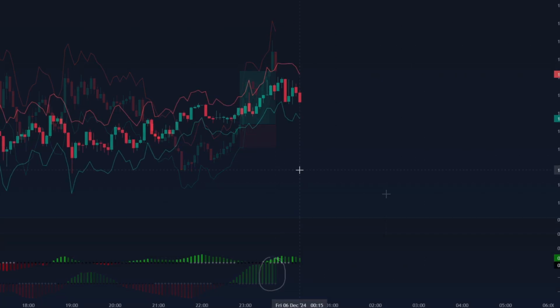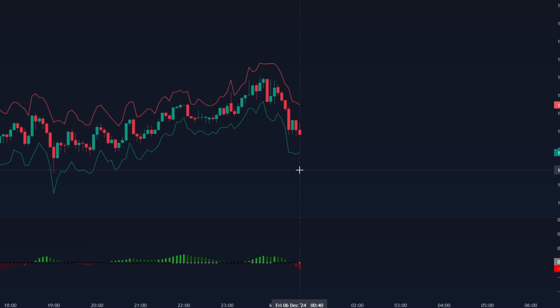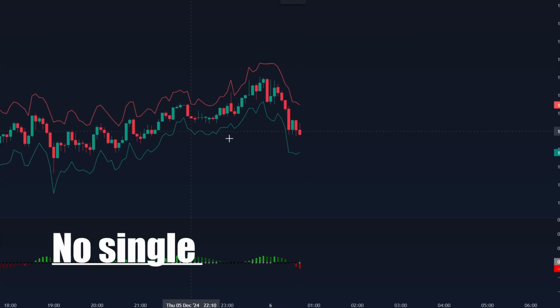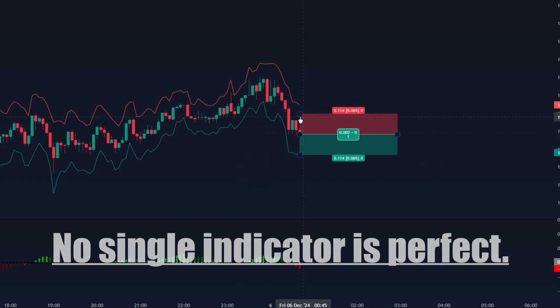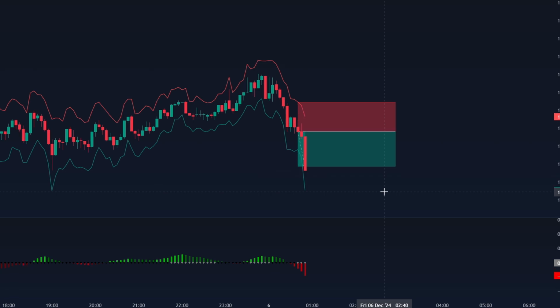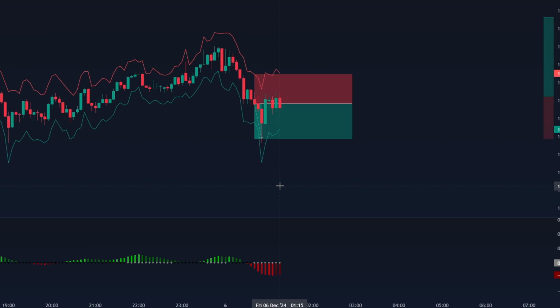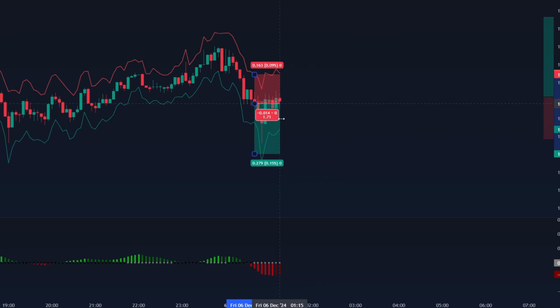But now let's look at where the indicator performs poorly and how to fix that. Because as you know, no single indicator is perfect. Here we can see that just as we enter the trade, we have to exit it at a break even or a small loss.